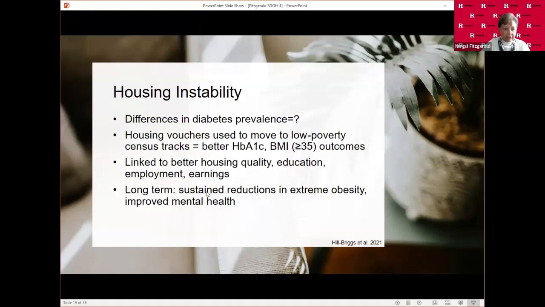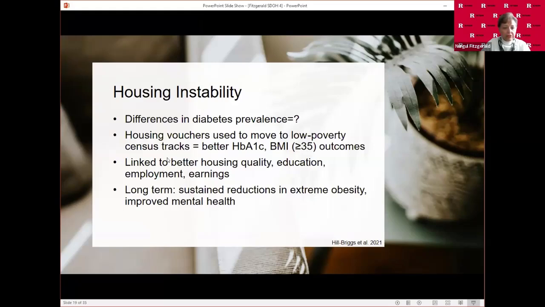But the information I included in the slide, again, comes from the Hill, Briggs, and colleagues wonderful review paper they published in 2021. They reviewed many of these factors, and I highly recommend you all read that paper really carefully. They have done a wonderful job, and I'm personally very thankful for their work and publishing the results.